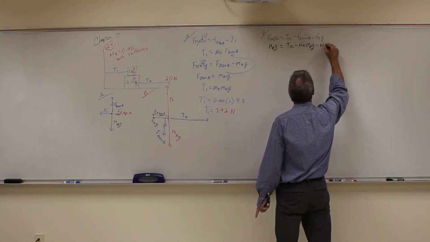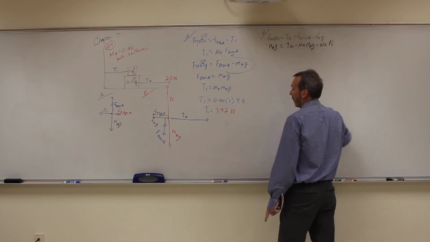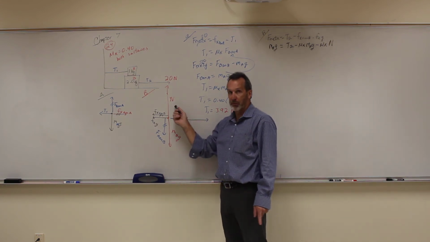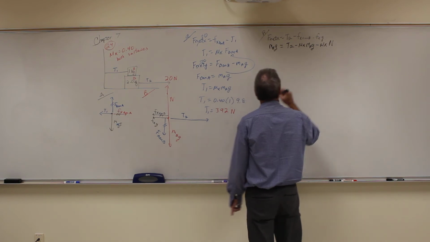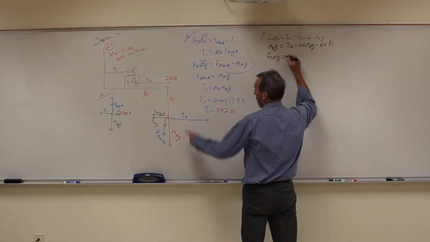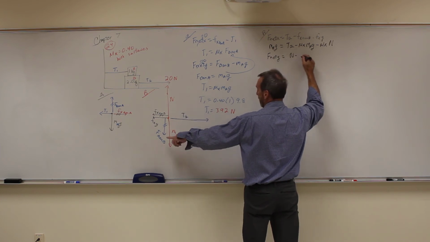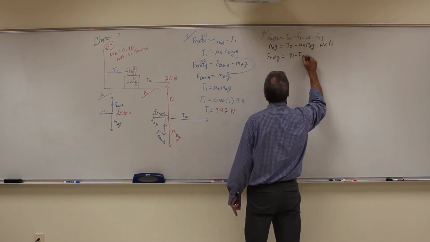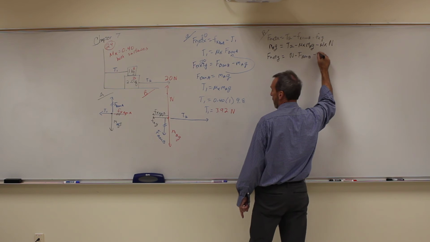This is with respect to the ground, but that's the normal force. I haven't figured out what the normal force is. So let's figure out the normal force. So we're going to do F net y. Well, F net y is just going to be the normal force minus F of A on B minus MBG.